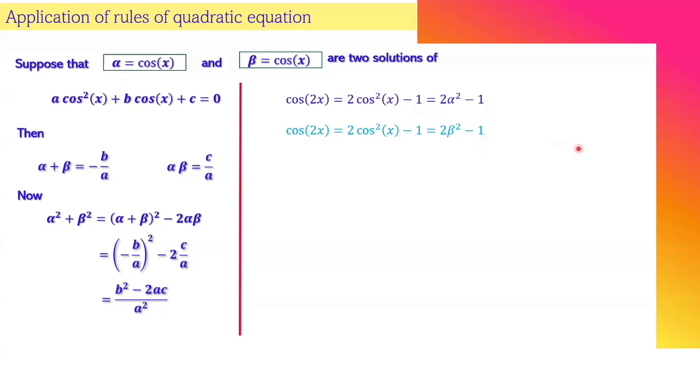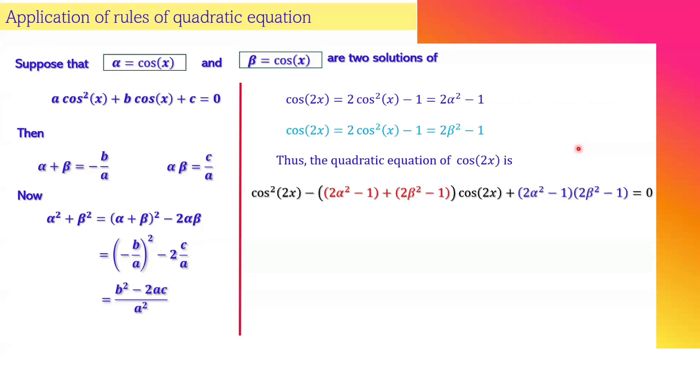So now the quadratic equation of cosine 2x, the expected equation which we are going to form, has these as roots, because we have to use this relation with B and A, and then we can get the quadratic equation for cosine 2x.